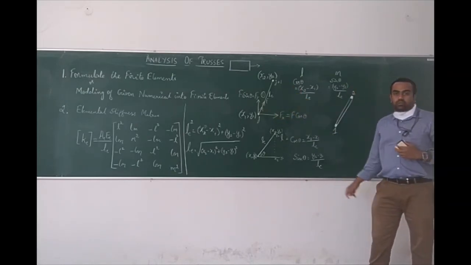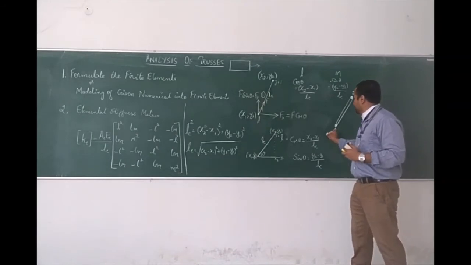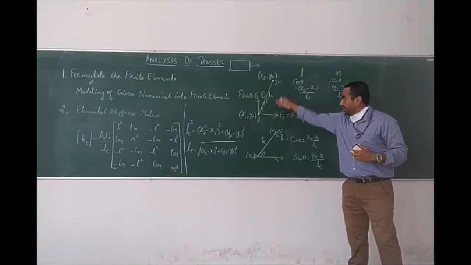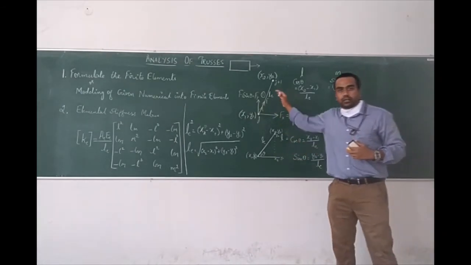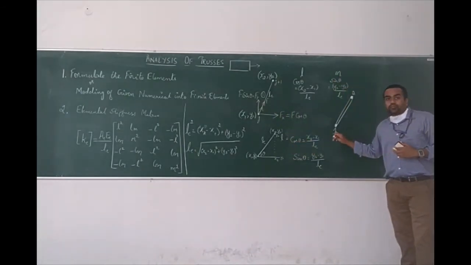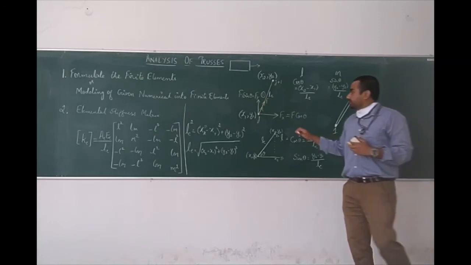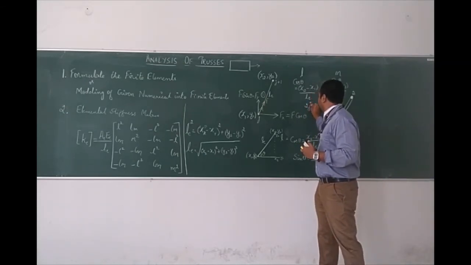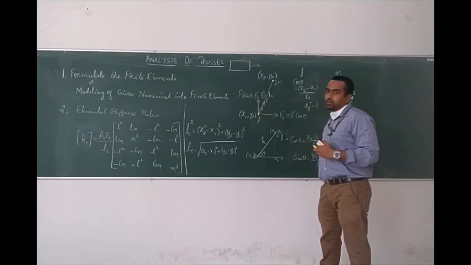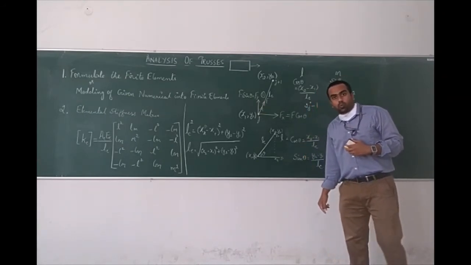If I take J plus 1, we have a J plus 1 next to the diagonal, we will retain it. The general formulation is 2J minus 1.